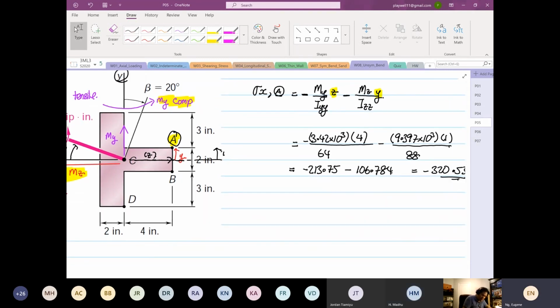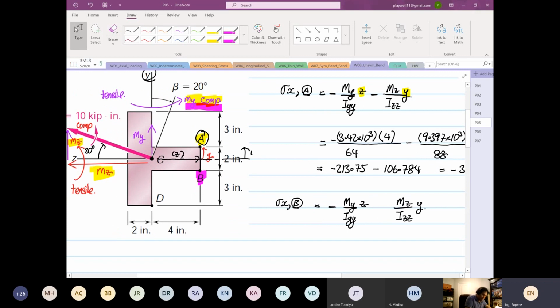So the next one, we are going to look at stress X at point B. Again, just write my over Iyy z, mz over Izz y. If you look at point B now, my is still going to be under compression, so it's equal to minus.